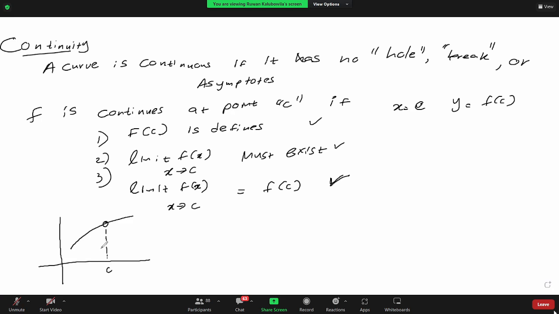Now I will ask what happened to the first statement, the second statement, and the third statement. This f(c), is f(c) defined at this point? Tell me the answer. Can you find a value? This is the function f. Can you find the value f(c) inside this function?